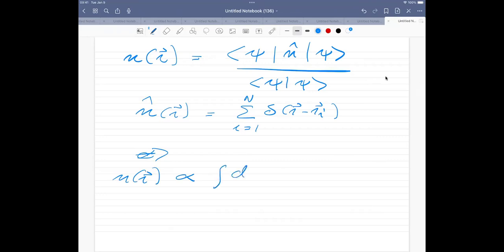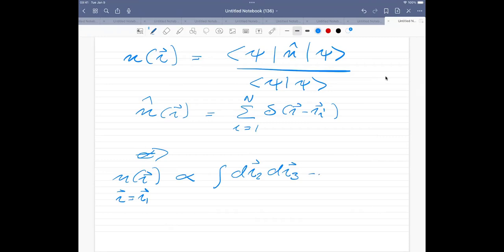So what we are doing now is that we are integrating out all the other particles. And that's why it's called a one-body density. So we integrate away all the other particles, and this R here, you could think of that as R1, but it doesn't matter whether you look at this at R2, R3, and so on.